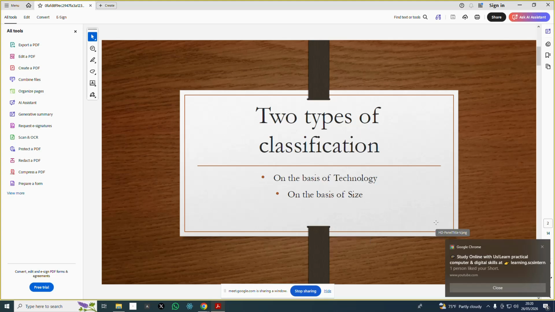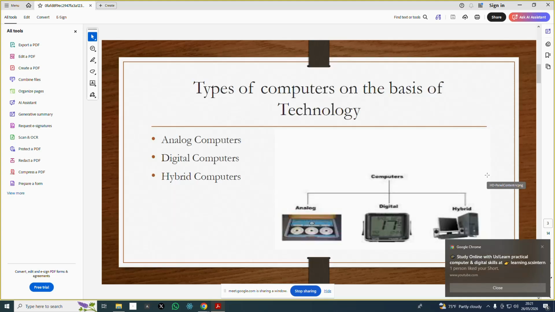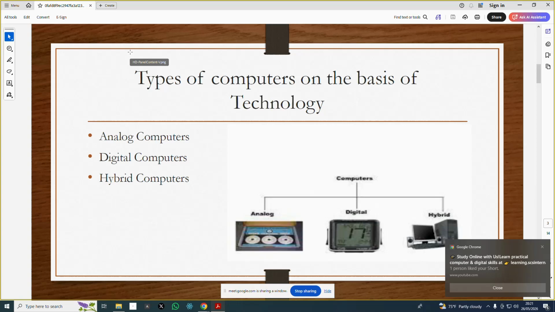So, under that, it pushes us to know types of computers based on technology. When we talk about technology, we mean the development, as we saw previously in the generations. How do the computers perform? How are they handled?